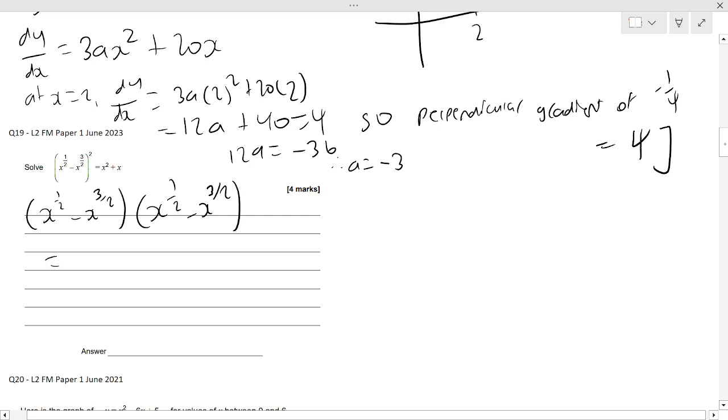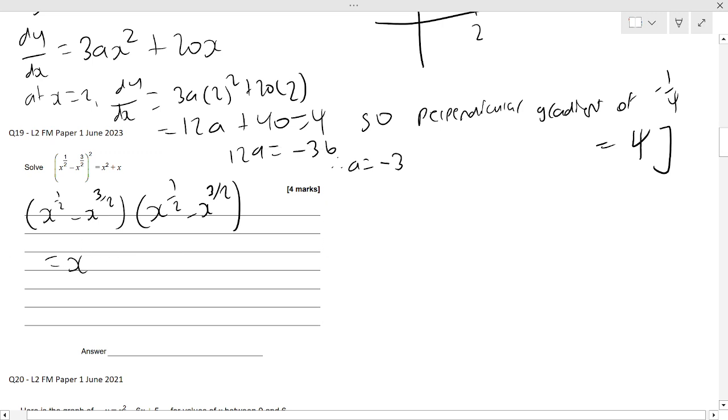Again, use FOIL or whatever, but this is going to be x to the half times by x to the half, firstly, right? If you times numbers like this together, you add the powers. So half add a half is just 1. Okay, so you're left with x.